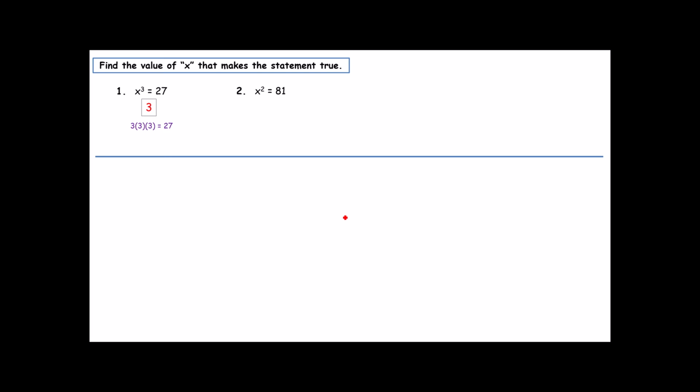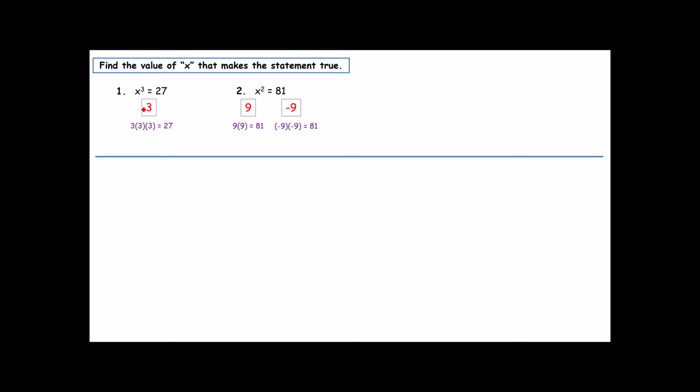How about this one? Something that times itself equals 81. Most people think they do pretty well with this because most of us get the number 9. Because 9 times itself is 81. But this one actually has a second answer. Can you spot it? It's actually a negative 9. Because negative 9 times itself also equals 81.